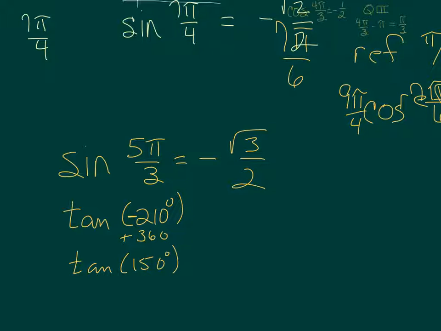So what is the reference angle for 150 degrees? It's 180 degrees minus 150 degrees, or 30 degrees. So the tangent of 30 degrees is square root of 3 over 3, and is it going to be negative or positive for this one? Quadrant 2, so negative.